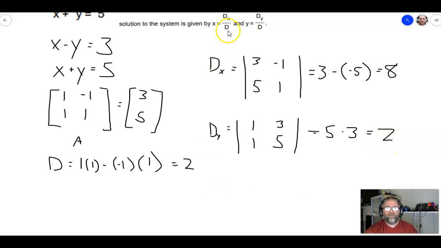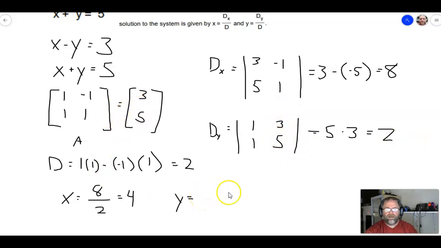And then finally, we're just going to put our x and y into this formula here. So x is equal to dx, which is 8, divided by d, which we calculated as 2. So x is equal to 4, and y is equal to dy, which, remember, that's why we substitute the y column with the resulting matrix.